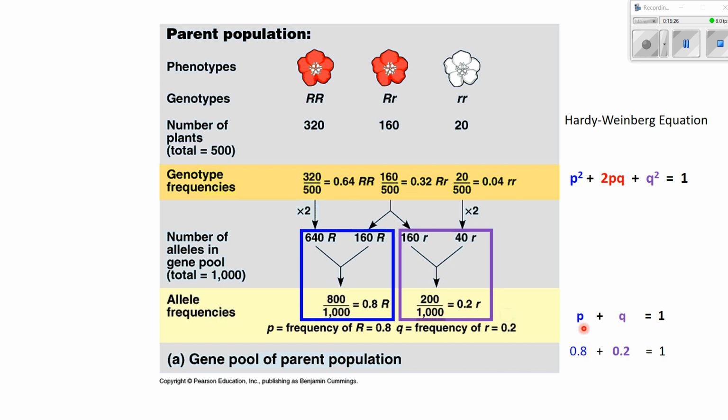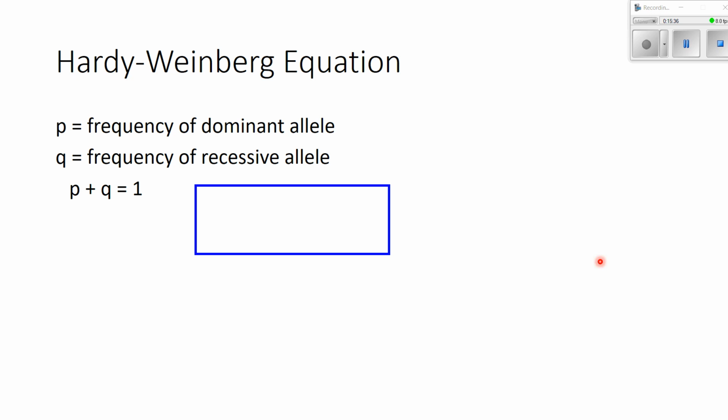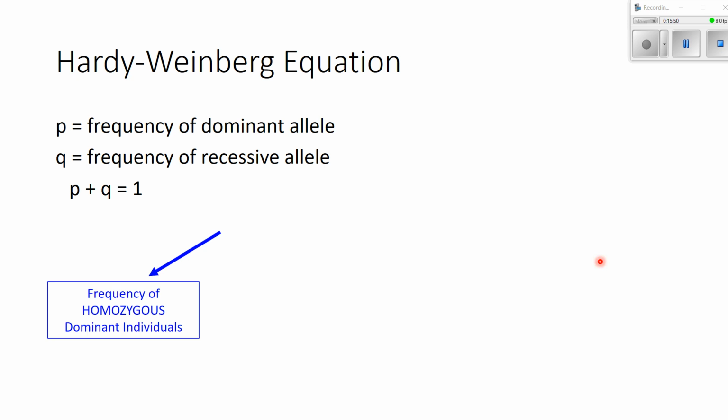P plus Q must always equal 1. Those numbers will remain stable from one generation to the next, assuming that evolution is not occurring. Remember, P plus Q always equals 1. P squared plus 2PQ plus Q squared also always adds up to 1. And let's remember what that means. P squared is the frequency of homozygous dominant individuals.